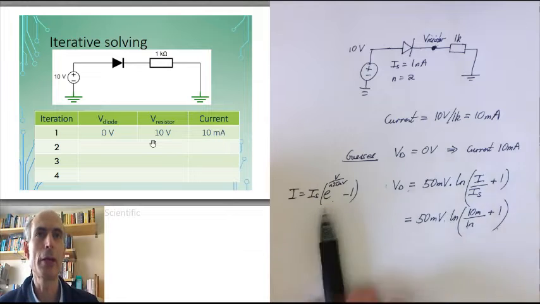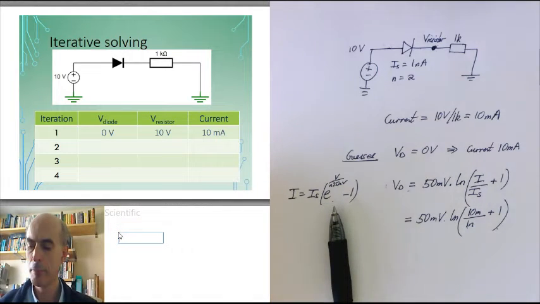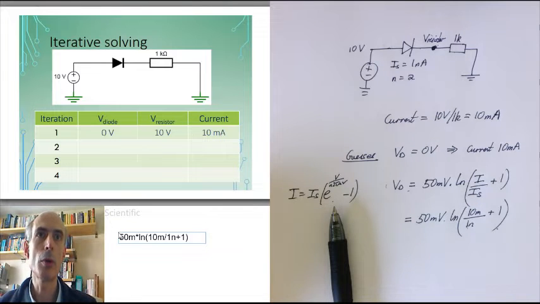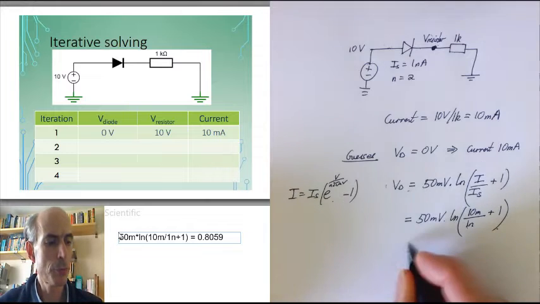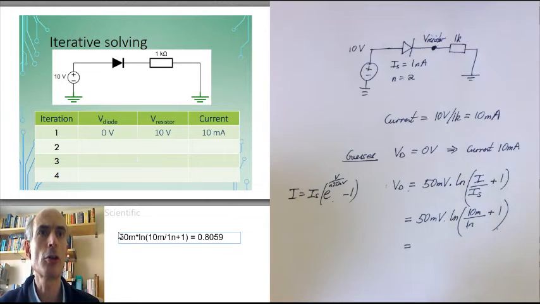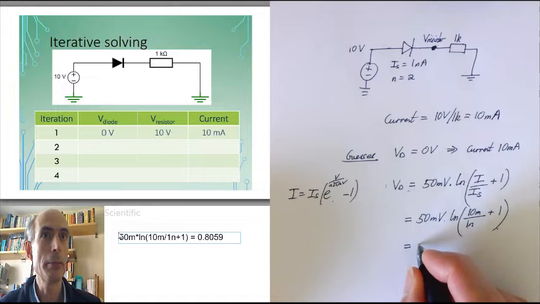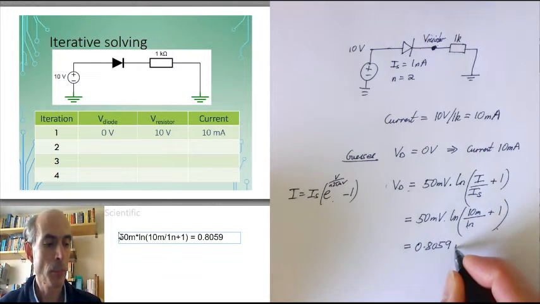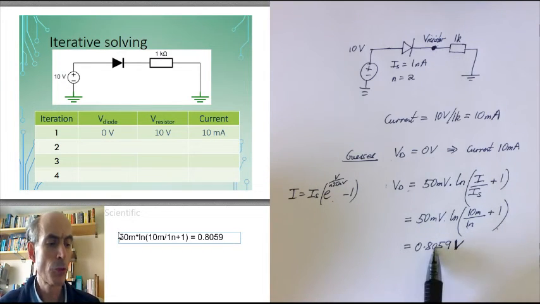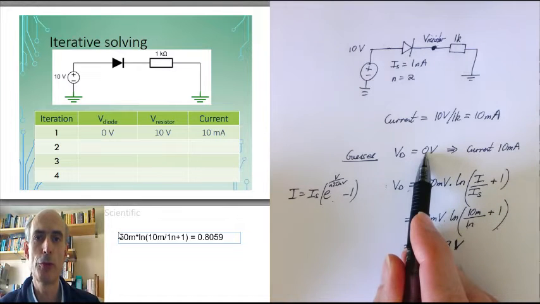And working that lot out gives me 50 millivolts times the natural logarithm of 10 milliamps divided by 1 nanoamp plus 1, or 0.8059. So that is predicting that the voltage across the diode would be 0.8059 volts, which is clearly not 0 volts.